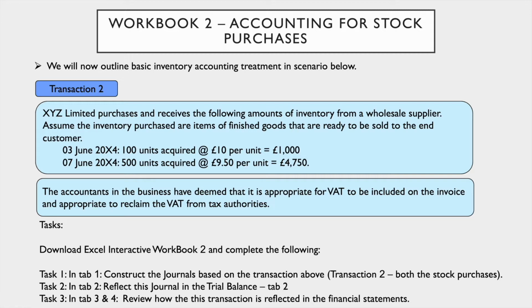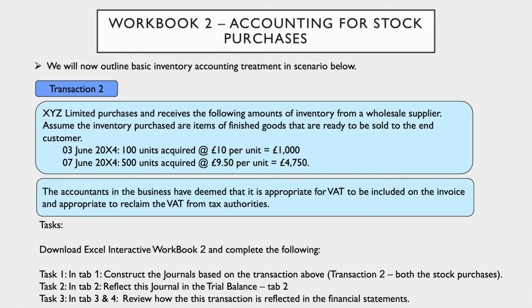I'm just going to read out a little bit of narrative, or an assumption, which is relevant to this transaction, and then I'm going to explain it. The accountant within the business has deemed that it is appropriate for VAT to be included on the invoice and appropriate to reclaim the VAT from the tax authorities. VAT stands for value added tax.